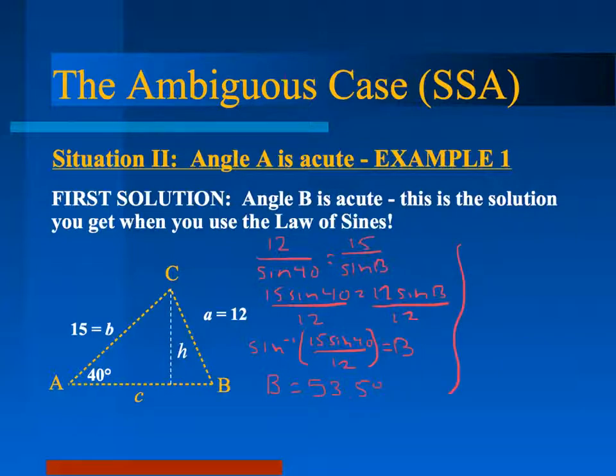And then once we find angle B, we can get angle C by subtracting from 180.